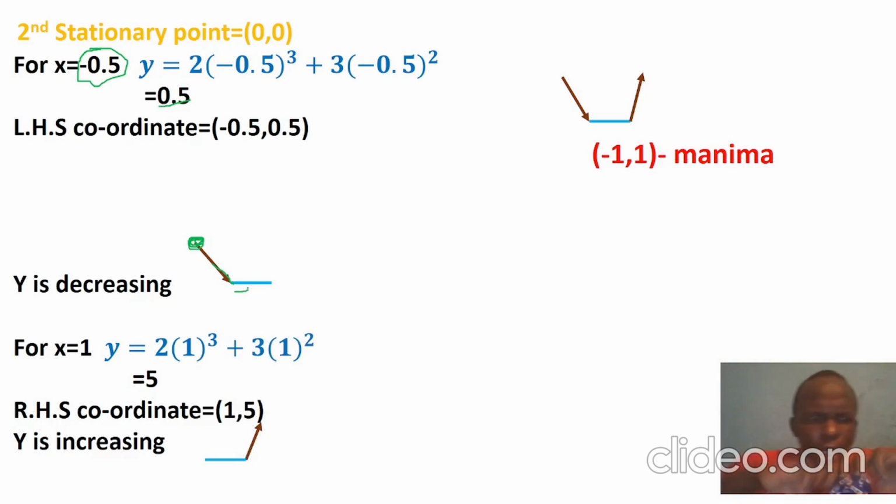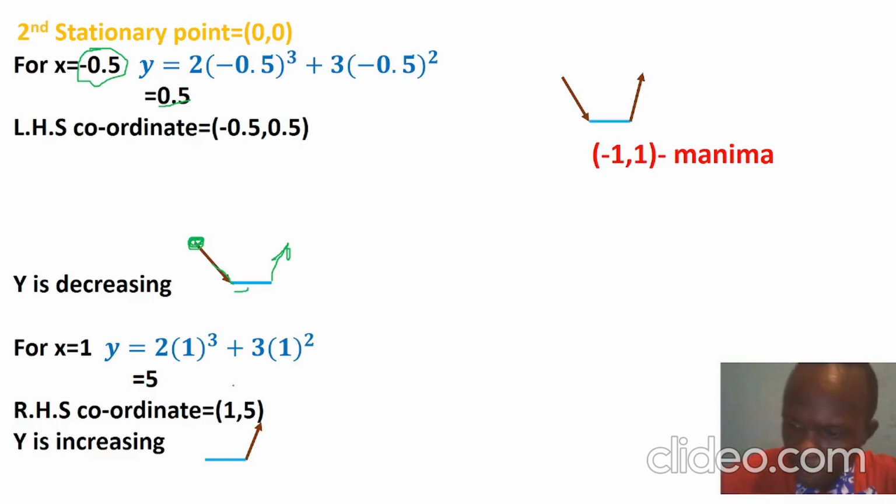We also do the next substitution on the right-hand side, and we see there's an increase of y from 1 to 5, and therefore the stationary point of coordinate 0, 0 is a minima.